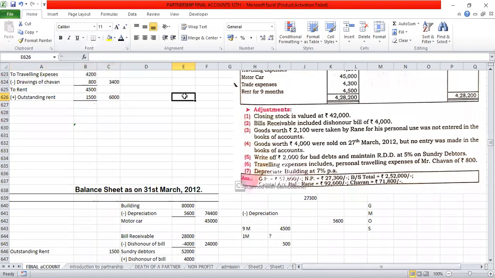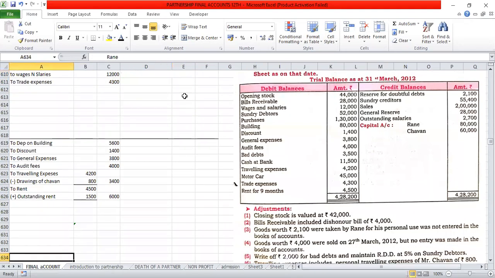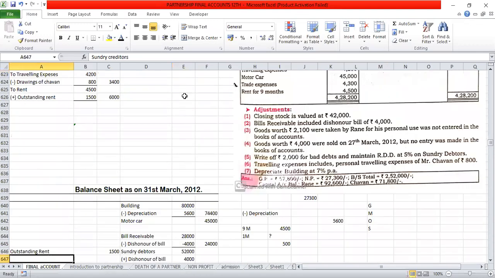Okay. Next, come to the credit side. Reserve for doubtful debt, known as RDD. The RDD given in the trial balance is the old RDD. We will see it later in the formulas. Sundry creditors, balance sheet liability side, 55,400.